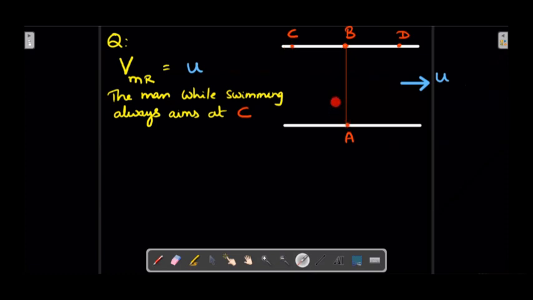So if a person always aims at C, he will get drifted and move to the right of C. Always there will be a drift because V is equal to U, right? So you expect him to end at some other point other than C. In this question, he has mentioned that he ends up at D. That's the importance of C and D.